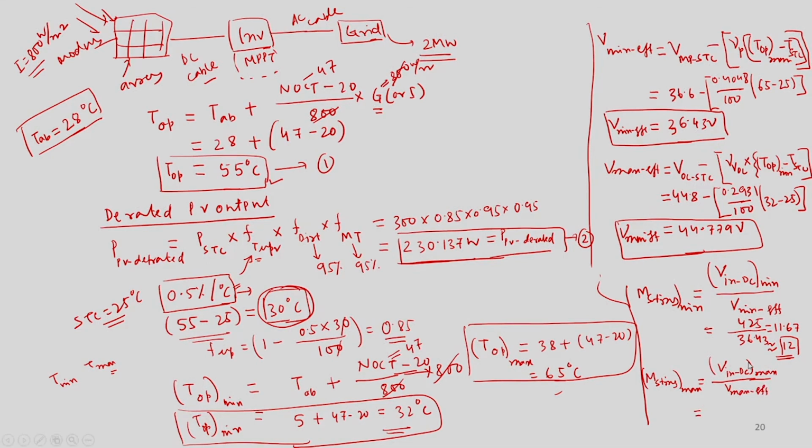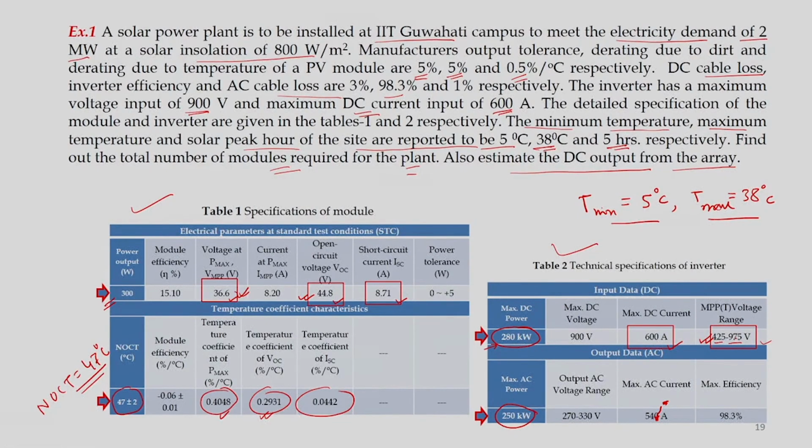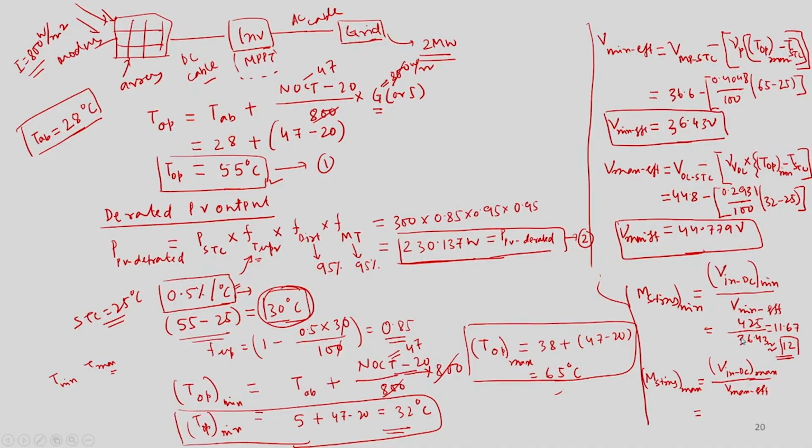We will go back and see, this is 975 volt, okay. So 975 and V max effective is 44.779, which will give a value of 21.77. So that is equivalent to 22, okay, is 22.